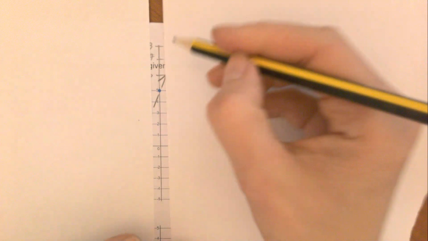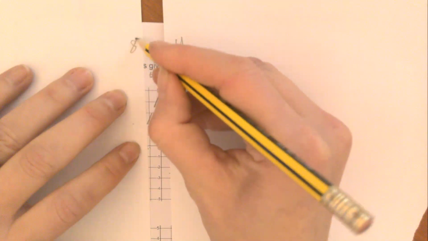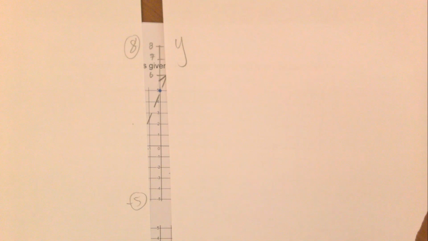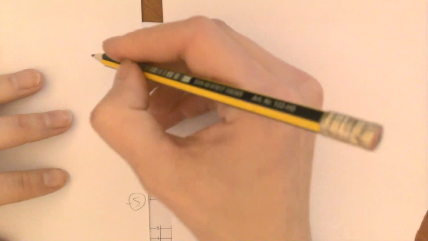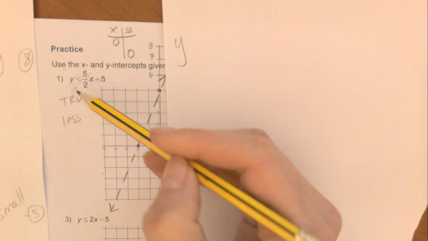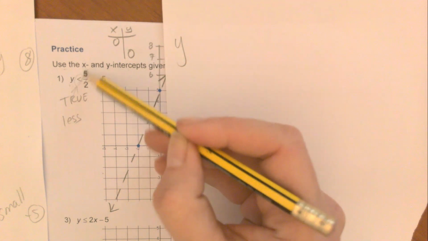So here's my y-axis, up and down, yeah? So here's 8, and here's -5. Which one's big? Well, 8 is big, and -5 is small. So here it says, to make this true, all the y's have to be less than this, less than.